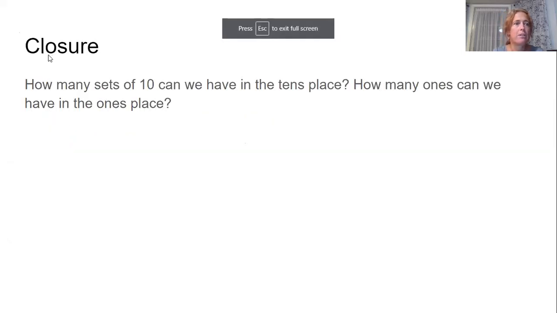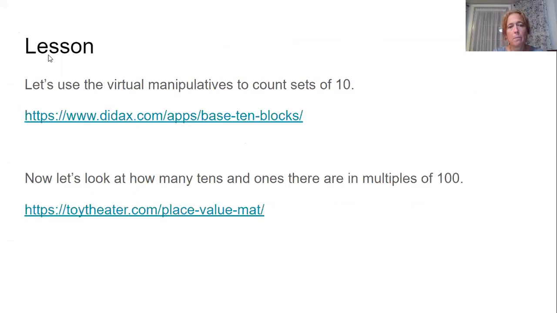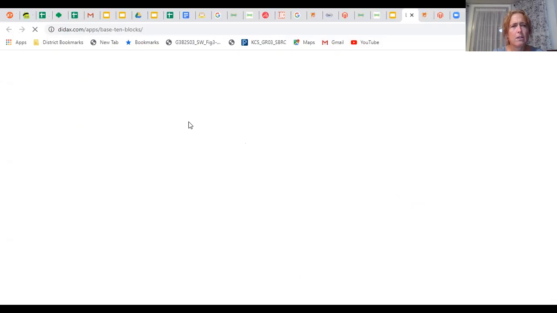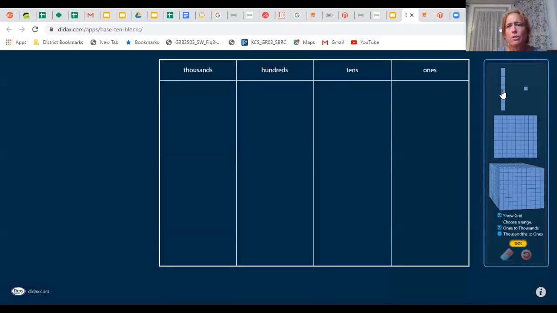All right, now here's the question. How many sets of 10 can we have in the tens place? All right, so remember, if we go back to here, I told you that we can only have 9 rods in the tens place, right? Once we get that 10th one, we have to make 100.